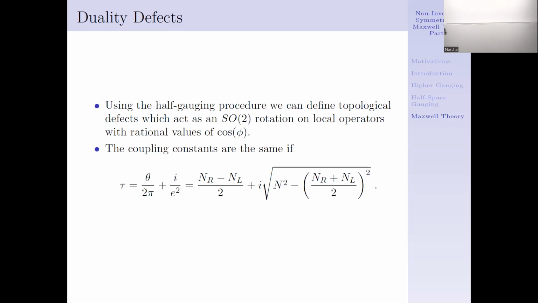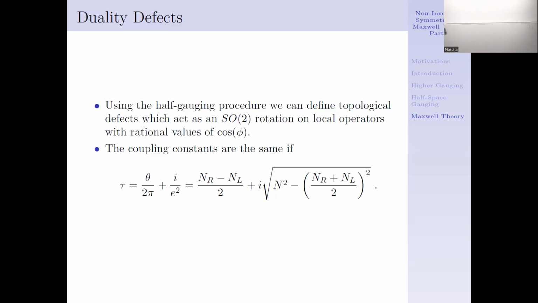It's a simple exercise to show that acting on this tau with the SL2Q matrix that I wrote before leaves tau invariant. So now we can play the game of half space gauging and reconstruct an infinite number of non-invertible symmetries, non-invertible duality defects, at any rational value of theta and e to the fourth.